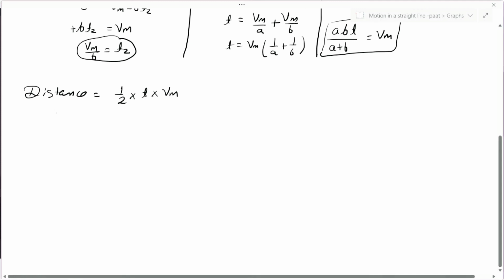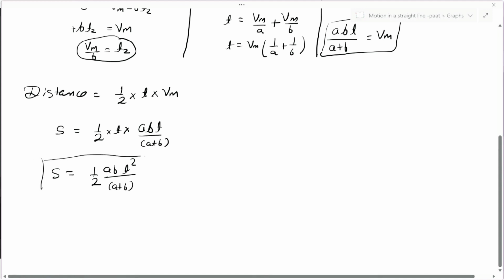So we simply put in the value of Vm, and we are using s for the distance. So 1 by 2 into t into Vm, which is abt divided by a plus b. So s equals 1 by 2 ab t square by a plus b. This is our required expression for the distance.